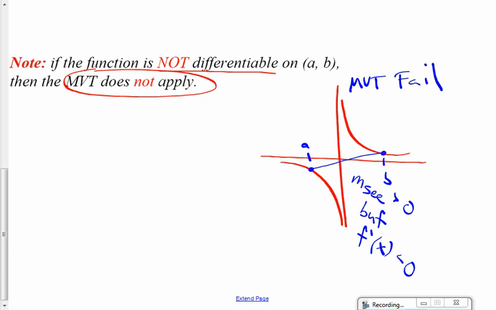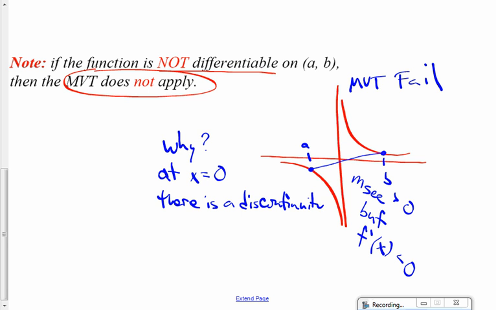And why does the mean value theorem fail here? It's not differentiable. At x equals 0, there is a discontinuity. Therefore, not differentiable.